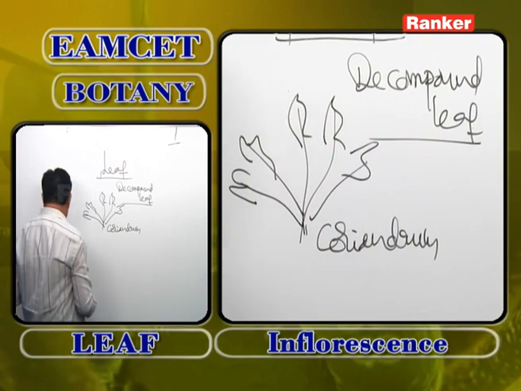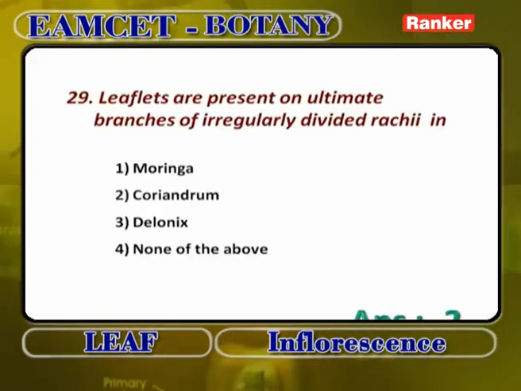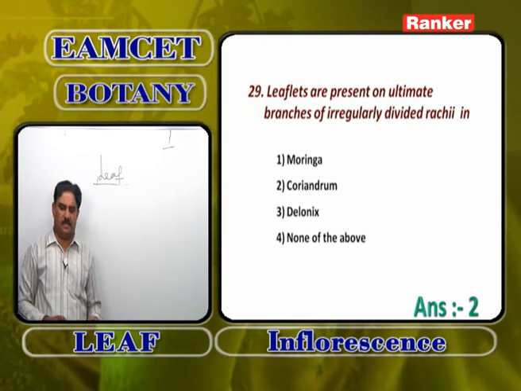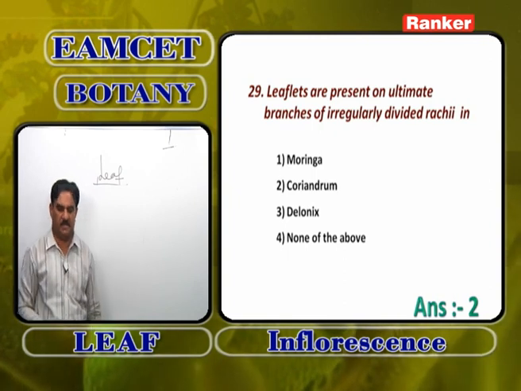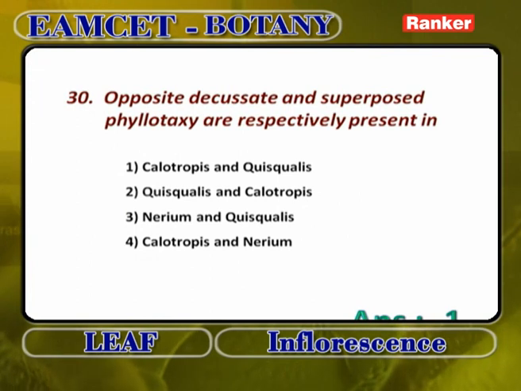Moringa has tripinnately compound leaves, Delonix bipinnately compound leaves, Coriandrum multipinnately compound or decompound leaves. Next, opposite decussate superposed phyllotaxis is readily found in Calotropis and Quisqualis.